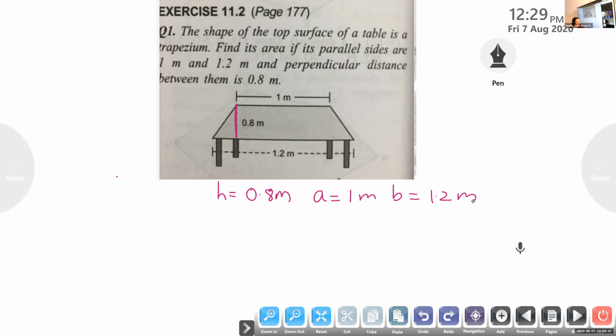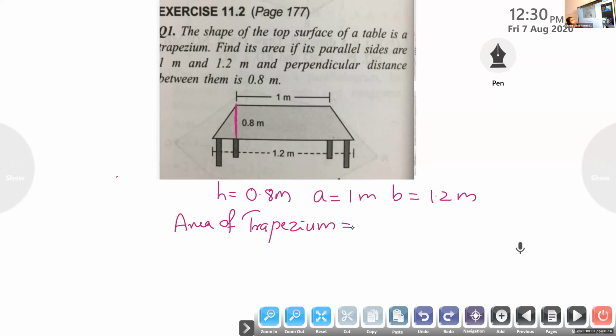So we have the formula. Write the formula, then substitute. Very simple question. Do it. Write the formula, area of trapezium. Area of trapezium is equal to the formula.